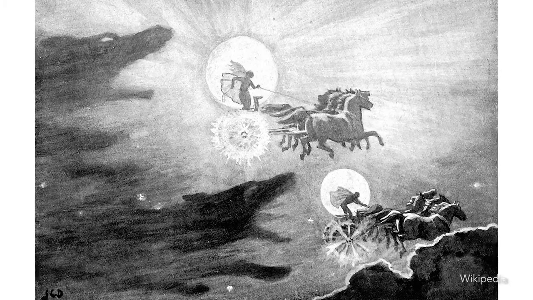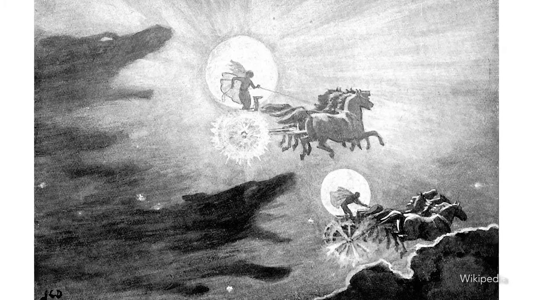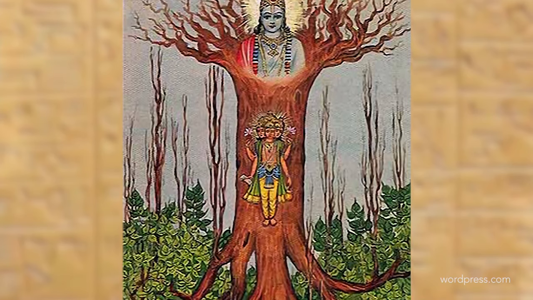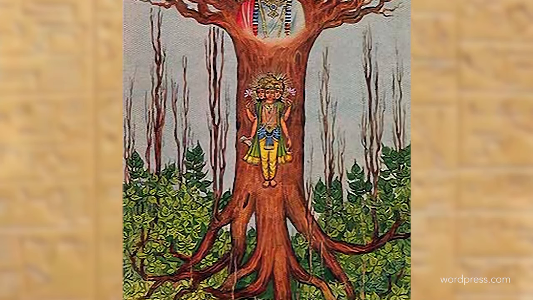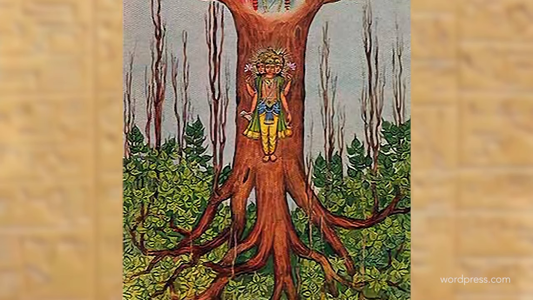The ancient Indian spiritual text, the Bhagavad Gita, speaks of a tree of life with its roots going up and its branches going down.